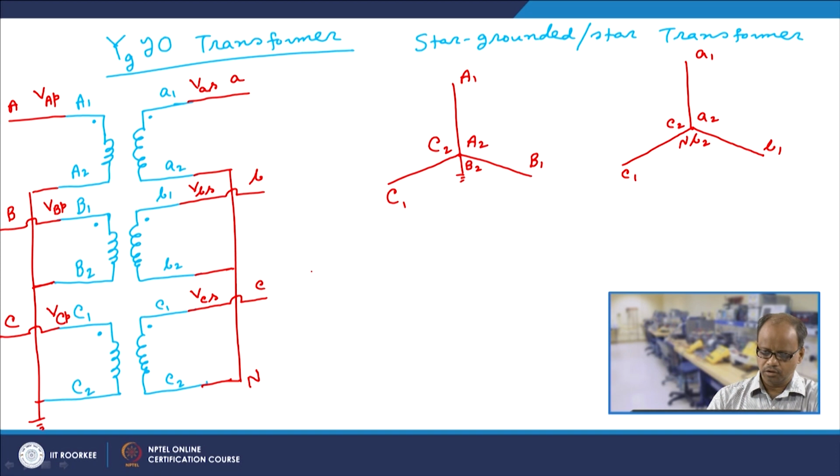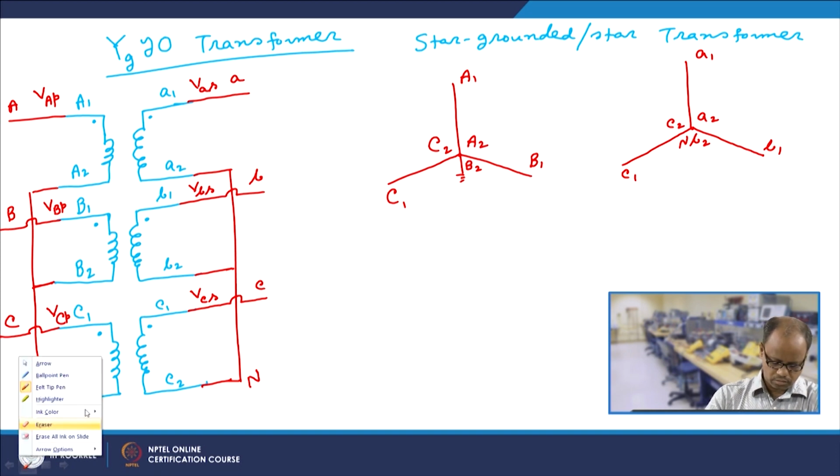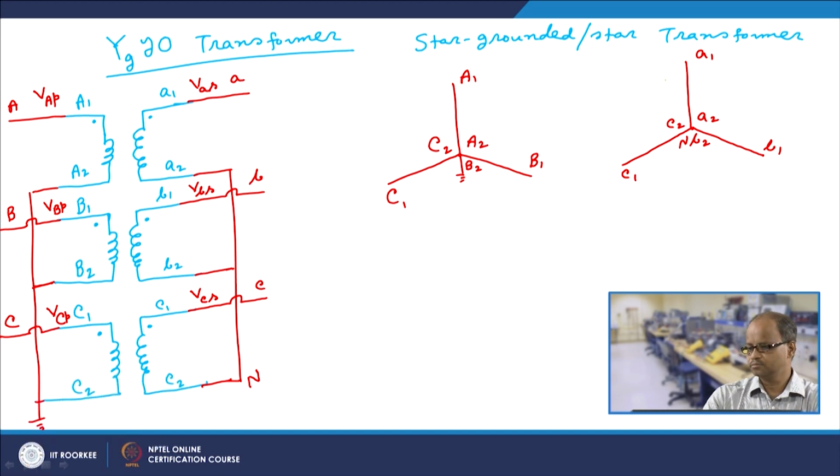To get around this problem, we take some circulating current like this, let us say I1, and some circulating current like this, say I2, at the secondary side, that is at the Y side.